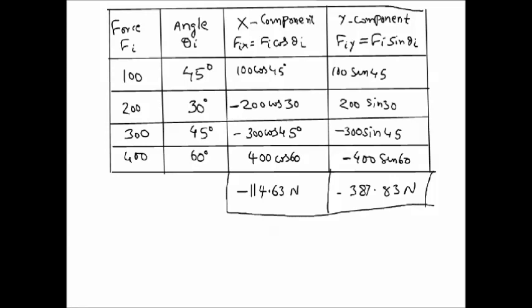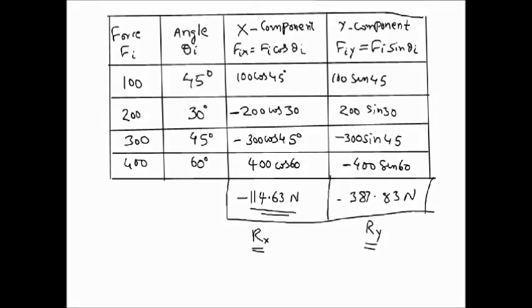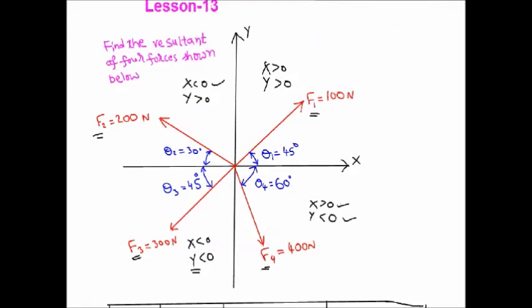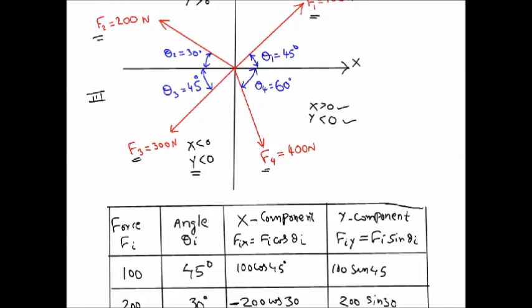So you can see that this is the x component of the resultant, and this is the y component of the resultant, and both Rx and Ry are negative. So your resultant must fall in the third quadrant, because the x component of the resultant Rx and the y component of the resultant Ry are both negative.